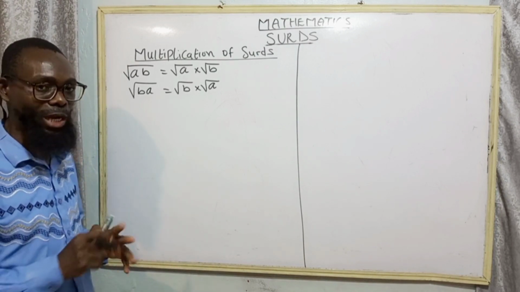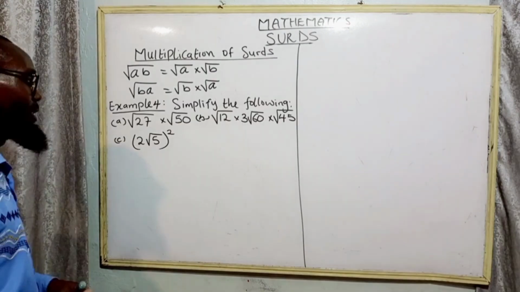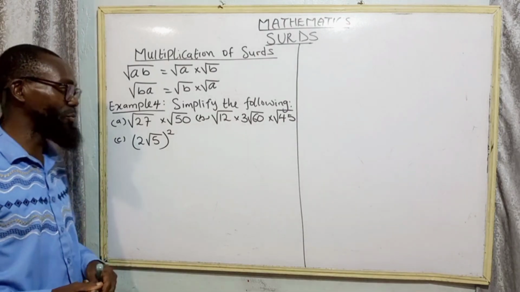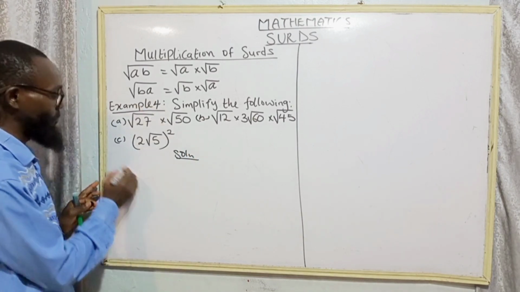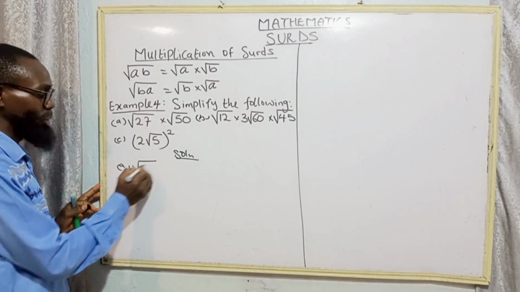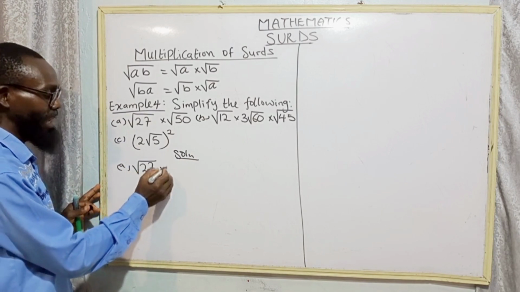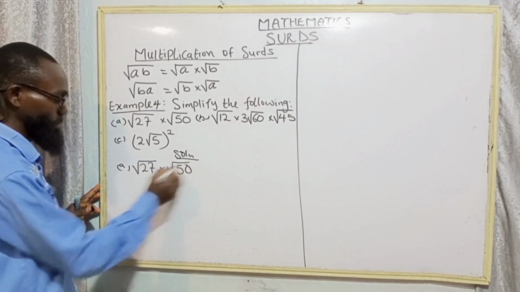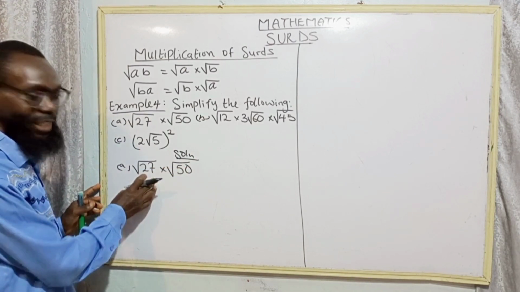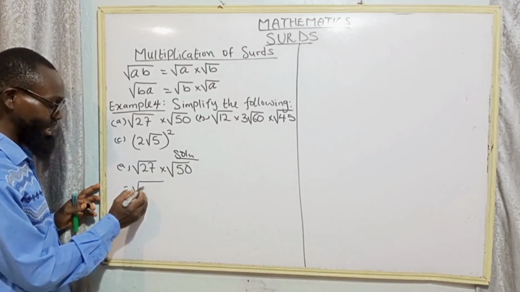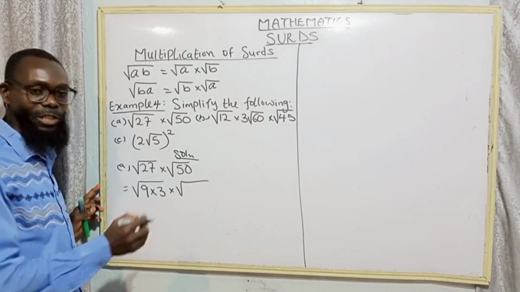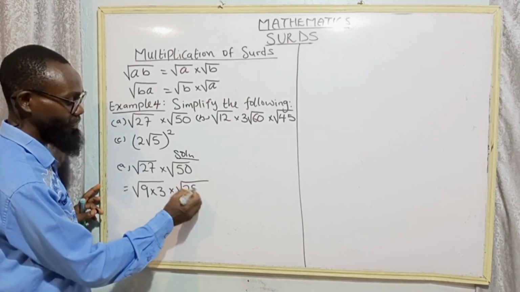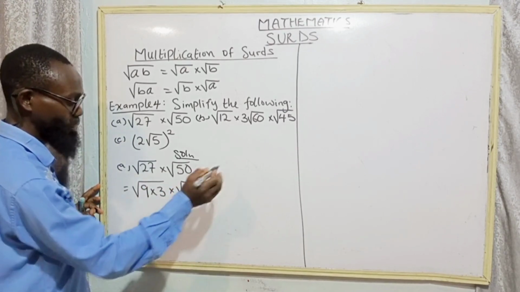So let's look at the examples. Example 4. Simplify the following. The first one, we want to simplify square root of 27 multiplied by square root of 50. 27 can be expressed as 9 multiplied by 3, while 50 can be expressed as 25 multiplied by 2.